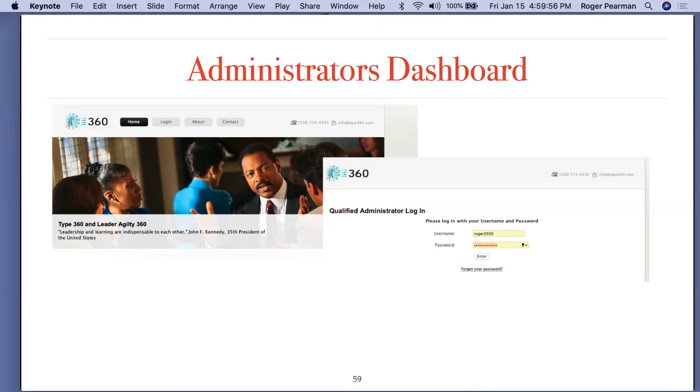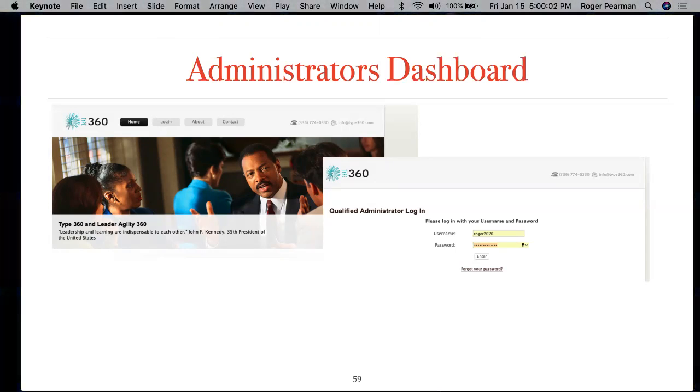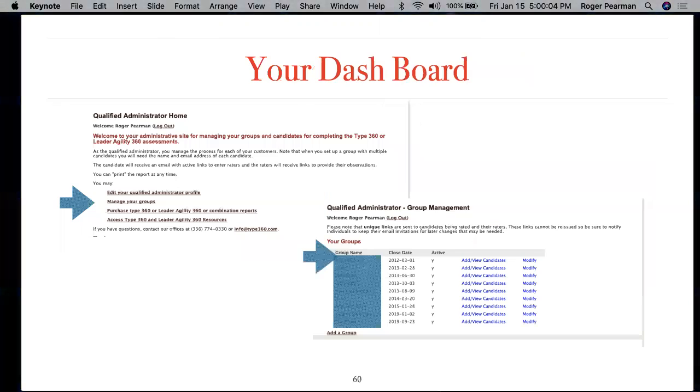Once you have set up your account, you'll be able to enter in the dashboard under Login. And as you do, you'll be able then to have access to either edit your profile, manage your particular groups, purchase additional reports if you need to, or administrations really. We don't charge you for every time you print a report for a particular person.